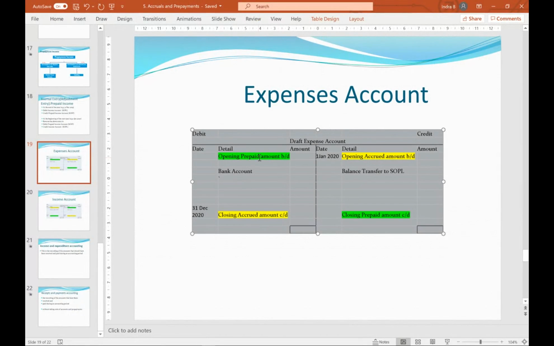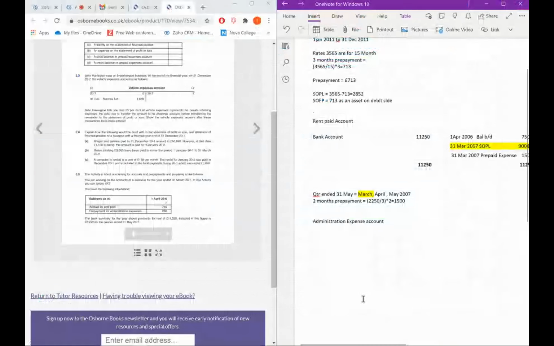The opening prepayment comes on the debit side. Remember this chart: opening accrual on the credit, opening prepayment on the debit. So we put on the debit side 1st April 2006.